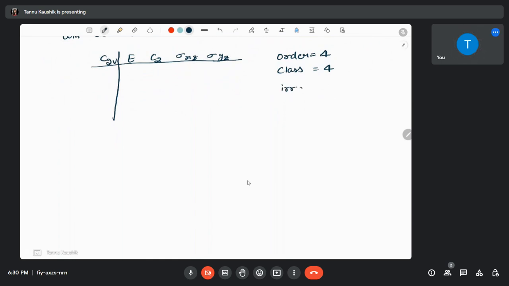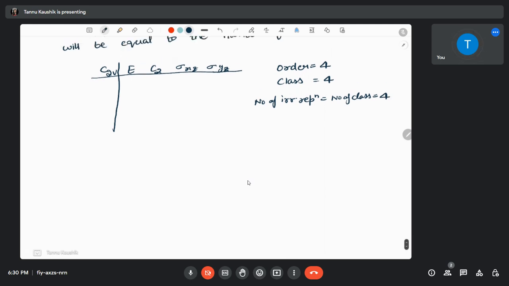So the number of irreducible representations will be equal to the number of classes, which is 4.